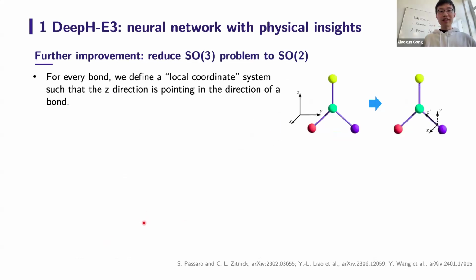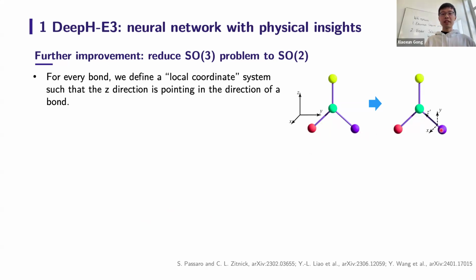All right, so there is a further improvement of this equivariant architecture. Some previous works can reduce the SO3 problem to an SO2 problem. So the basic idea is as follows. For every bond in the structure, we can define a local coordinate system. We rotate the global coordinate system to a local coordinate system that's specific to this bond.